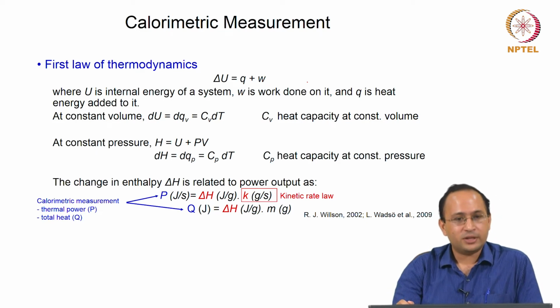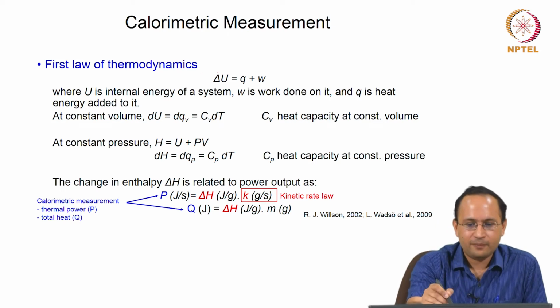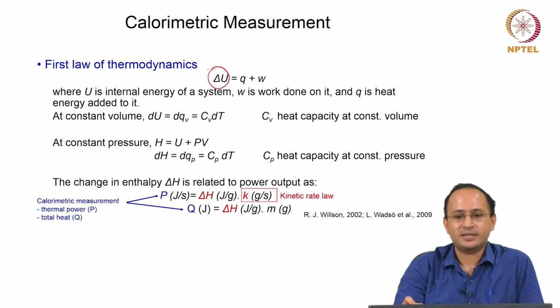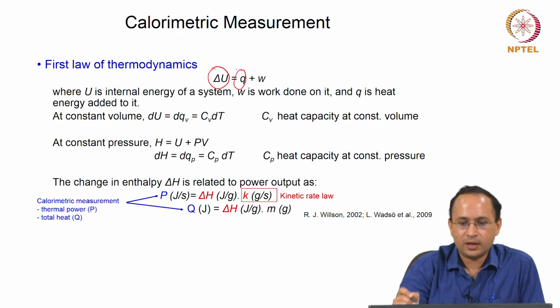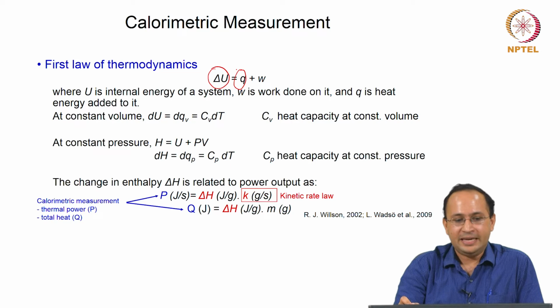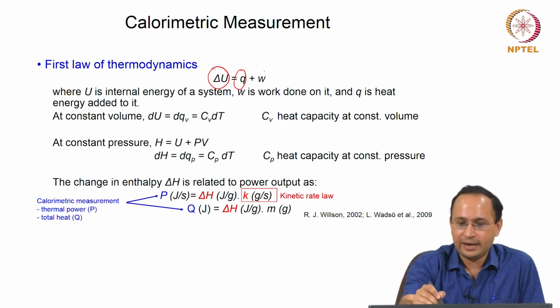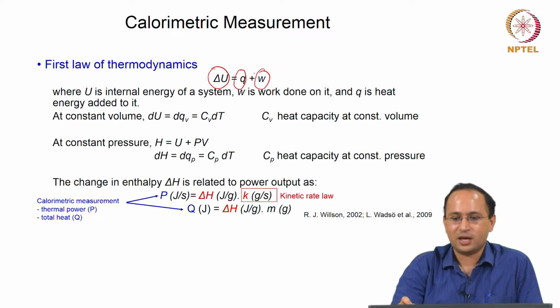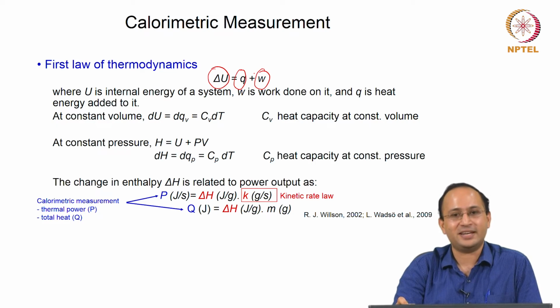So let's see. All of you know thermodynamics. What does the first law of thermodynamics say? The change in the internal energy of the system is equal to the heat energy which you put in plus work done. Delta U equals Q plus W, where U is the internal energy of the system, W is work done and Q is the heat energy added to it.